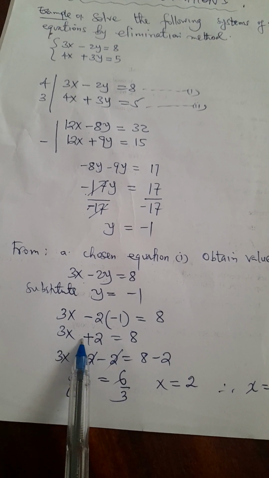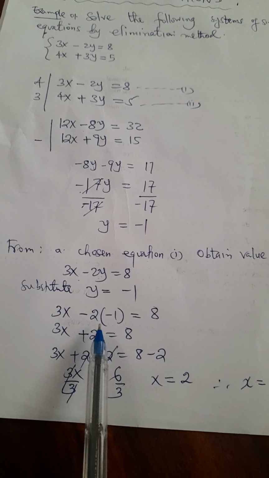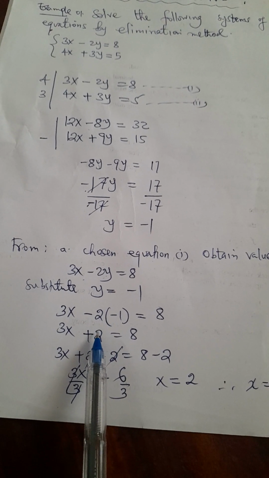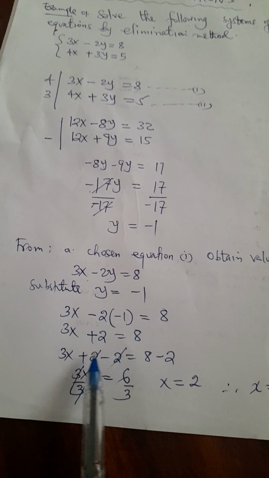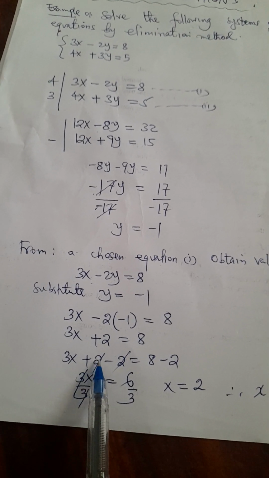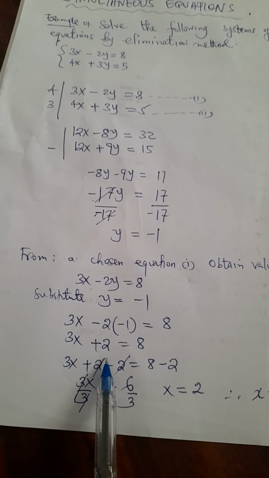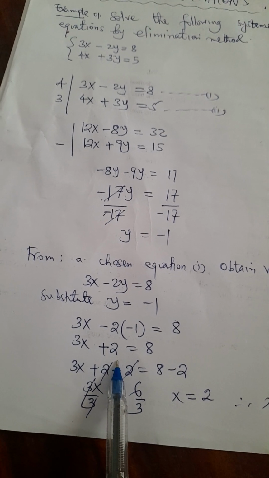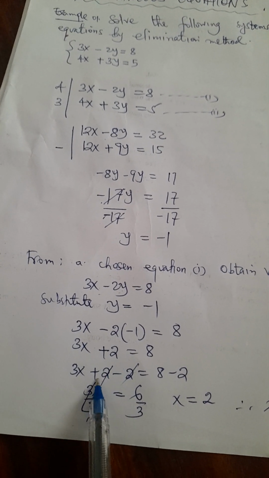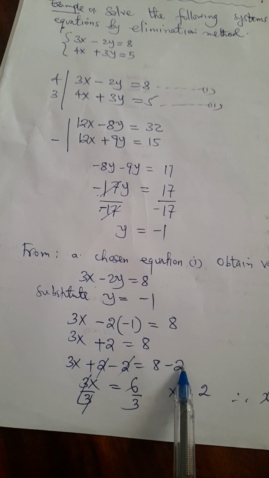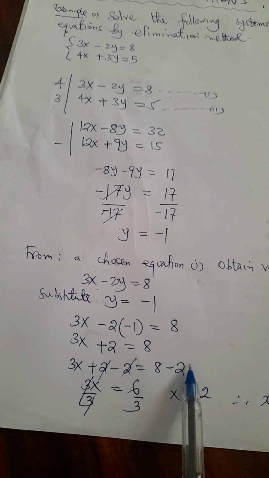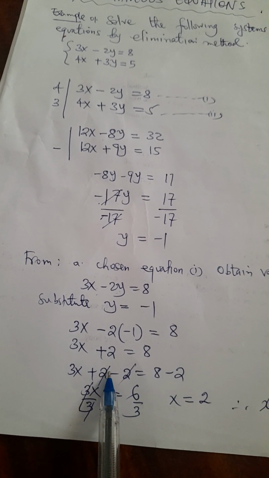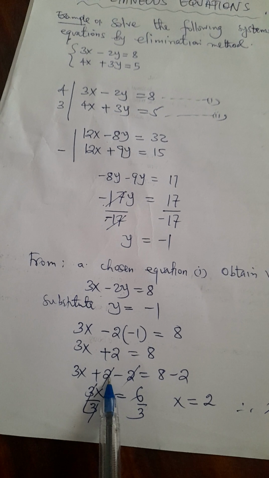Now if you continue, negative and negative become positive, so 3x plus 2 is equal to 8. Now you have to move this 2 to the other side by reversing the operation. It was plus, so you put minus 2 on both sides, so that the 2 cancels on this side.